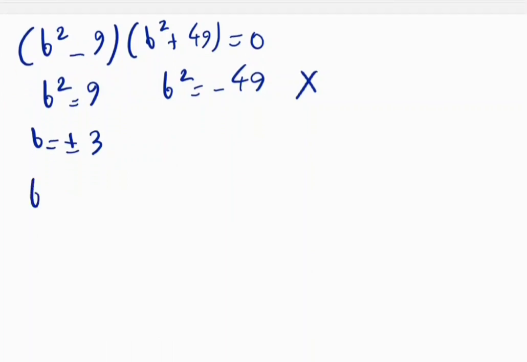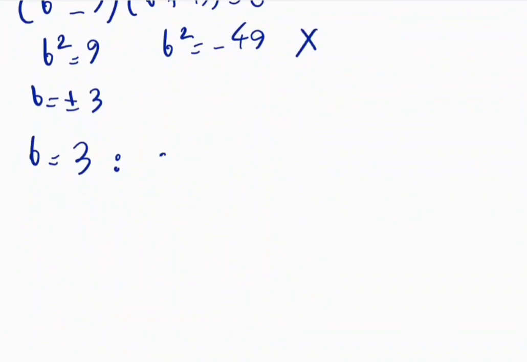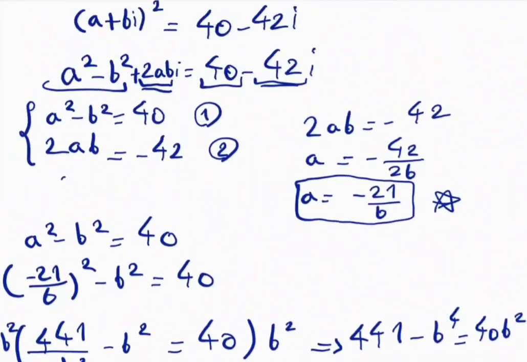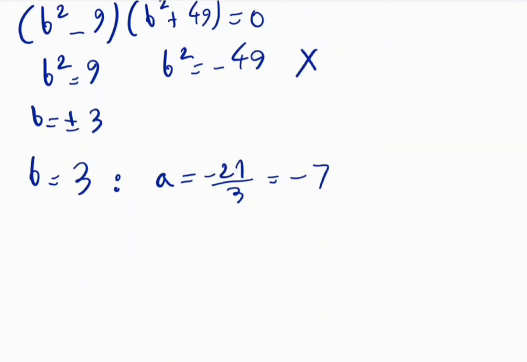If I take b as positive 3, then a is equal to minus 21 over b, so a is equal to minus 21 over 3, and that gives me minus 7. This is not correct, because in the question it says a and b are positive integers, and in this case I will get a negative value for a.